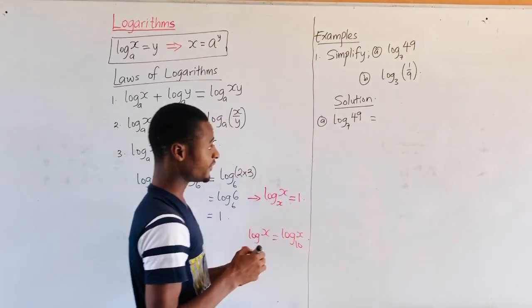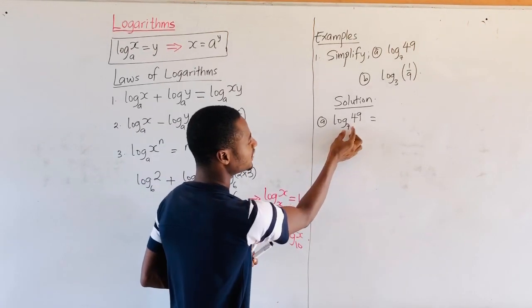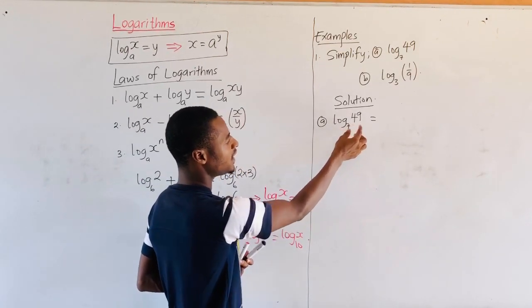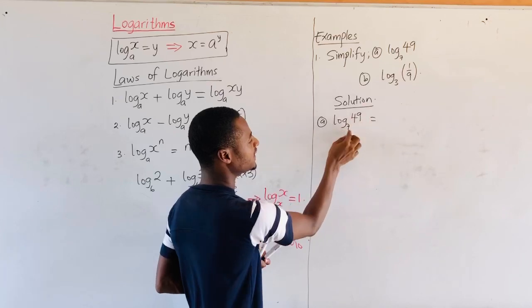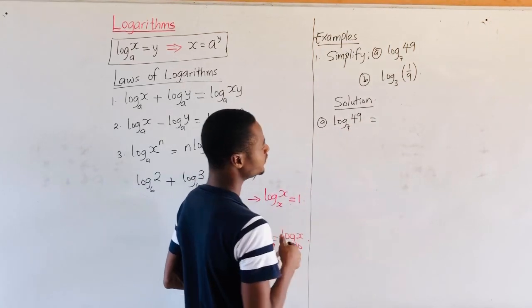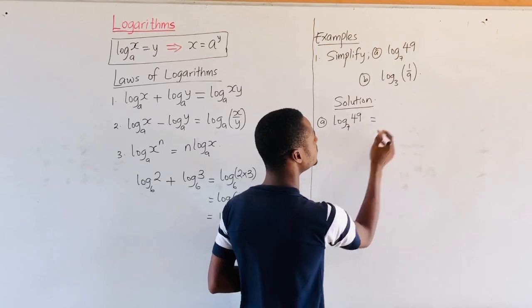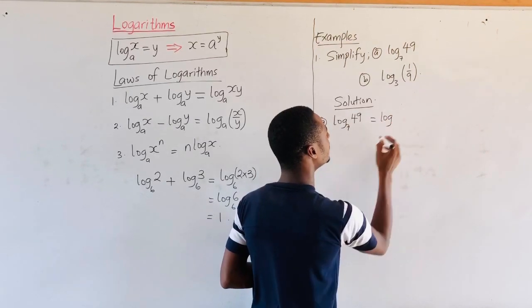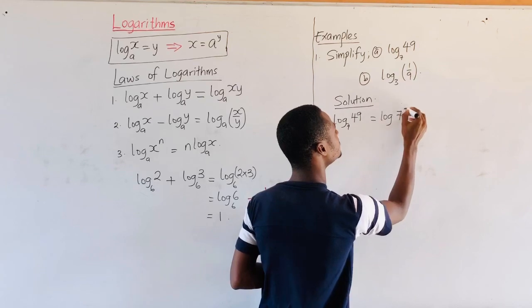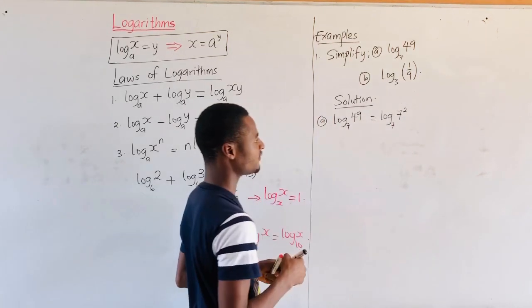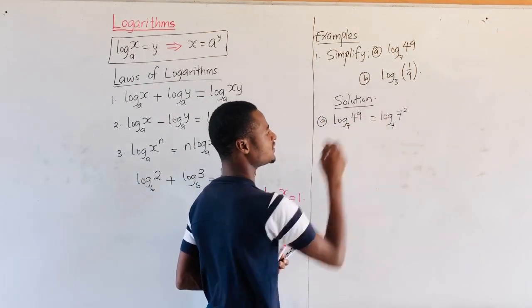How do we simplify this? The base can always give us a clue. How do we simplify 49 into 7? And we know that 49 is 7 times 7. So this will give us log of 7 squared to the base 7, since 49 is 7 squared.